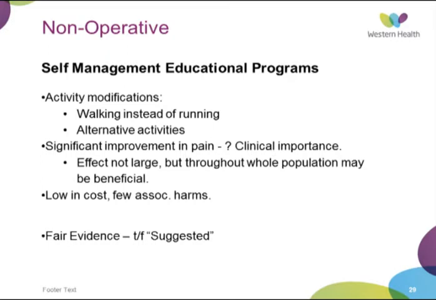The American Academy of Orthopedic Surgeons released a guideline in 2008, which looked at the non-arthroplasty options of the treatment of osteoarthritis. And in 2009, they published a summary of this in JAAOS.